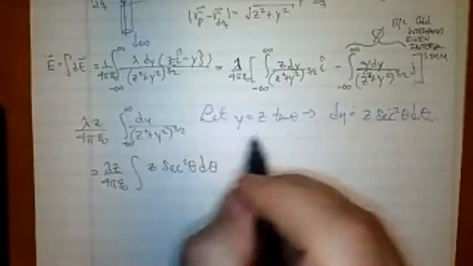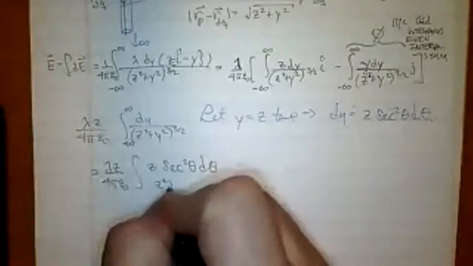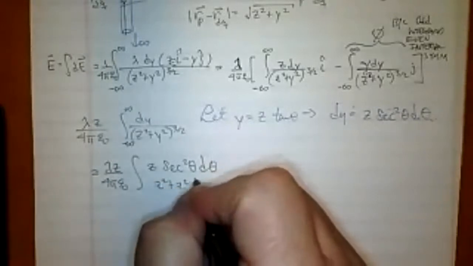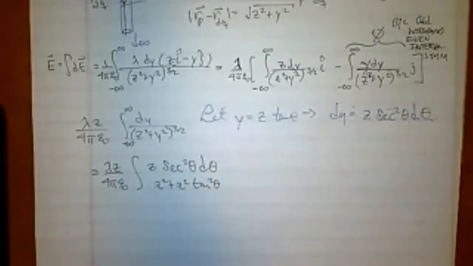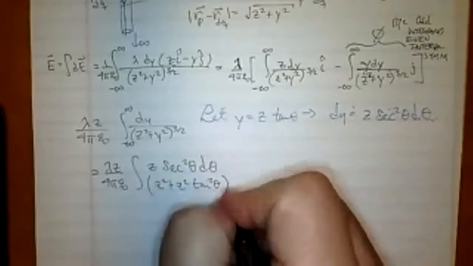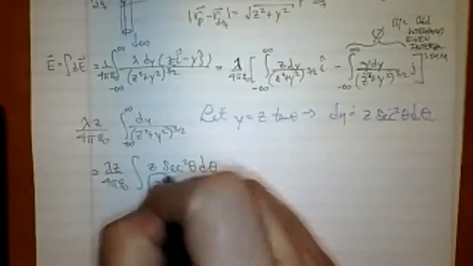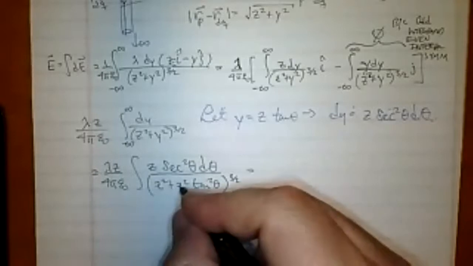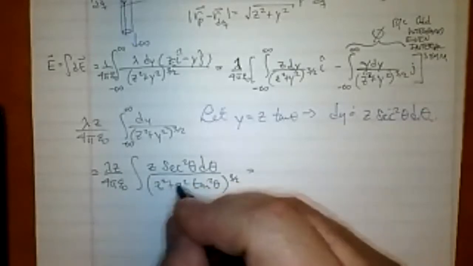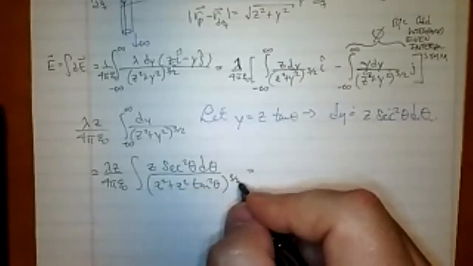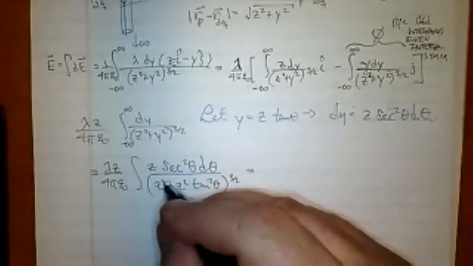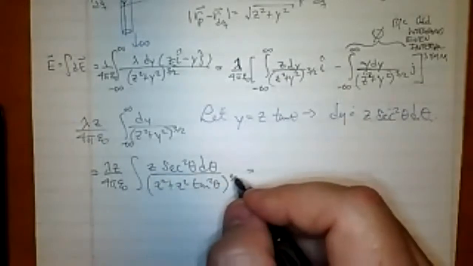Z squared plus y squared is going to become z squared plus z squared tangent squared theta, but all that's going to be to the 3/2 power. And that allows me to factor out the z squared. The z squared under a 3/2 means the 2 in the bottom is going to cancel out with the 2 in that, and then it's going to be replaced with a 3.